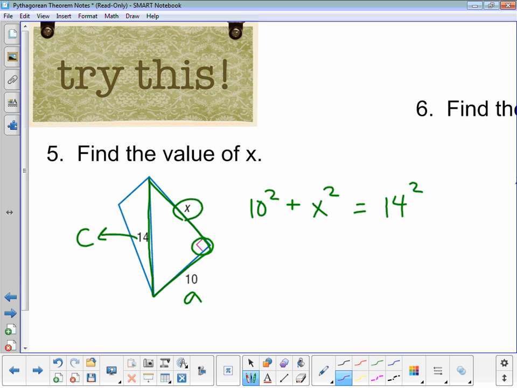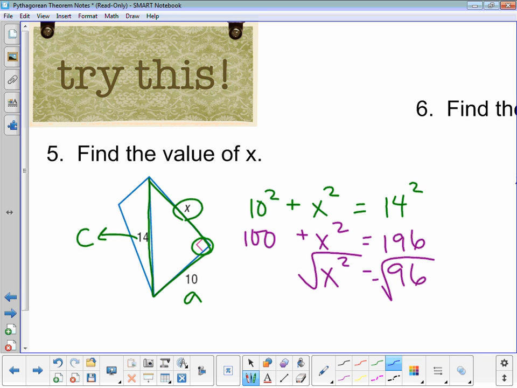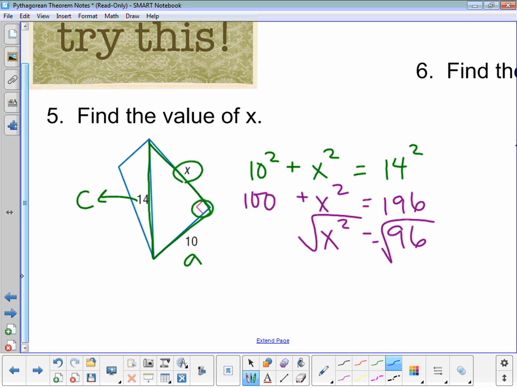10 squared is 100, plus x squared, 14 squared is 196. And then if I subtract 100, I get x squared equals 96. Taking the square root, I can certainly pull out a perfect square there. I'm just using prime factorization here: 96 splits into 16 and 6.